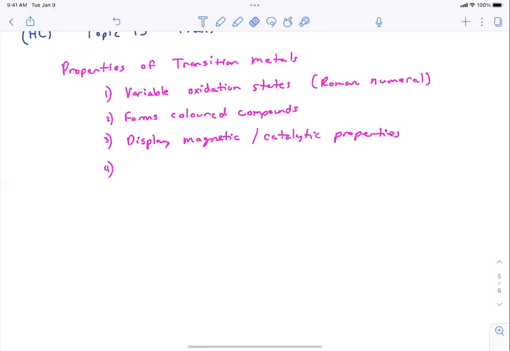And they can form complex ions with ligands. And we'll talk about what ligands are. I think we might have mentioned it before.